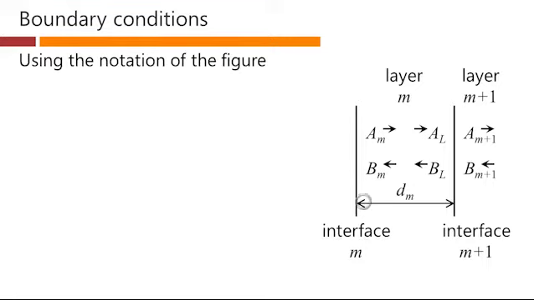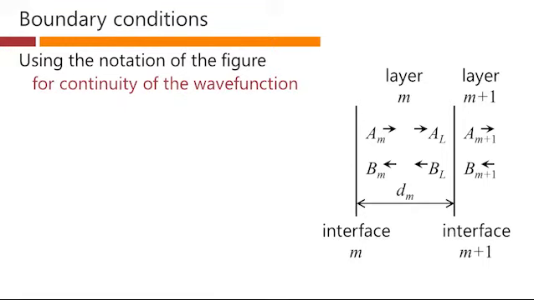So, using the notation in this figure here, for the continuity of the wave function at this interface, the wave function must be continuous, so whatever is the sum of the forward and backward amplitudes just to the left here must be the same as the sum of the forward and backward amplitudes just to the right here. The sum of the forward and backward amplitudes is the total wave at any given point.